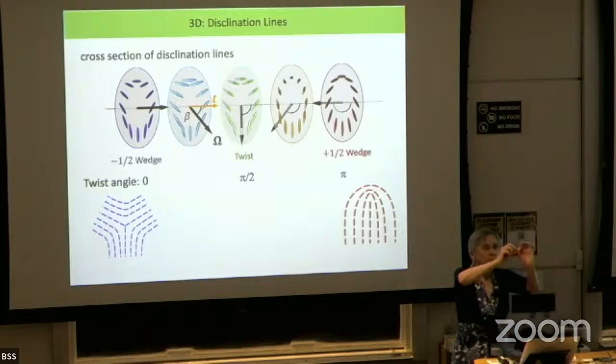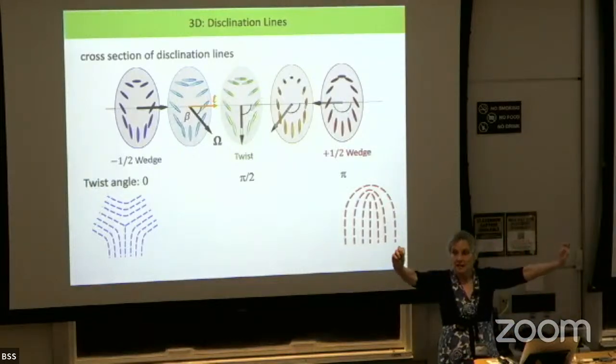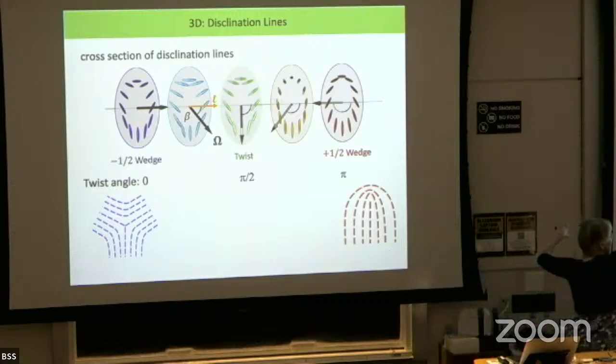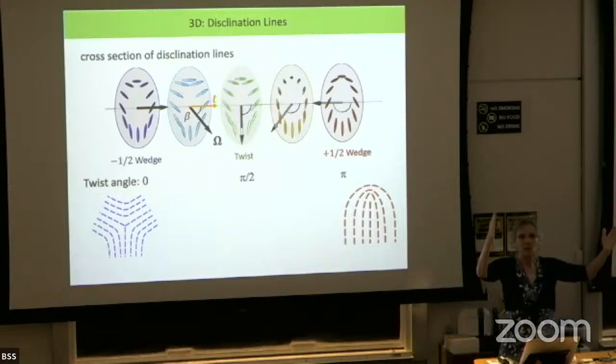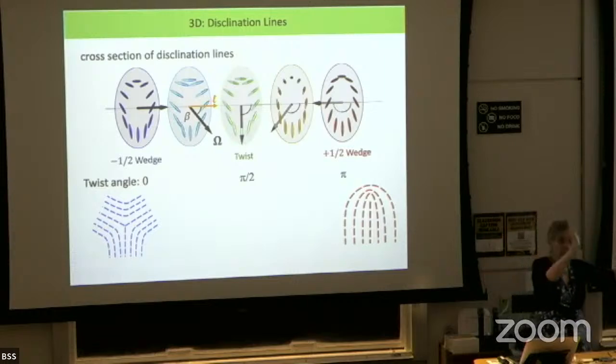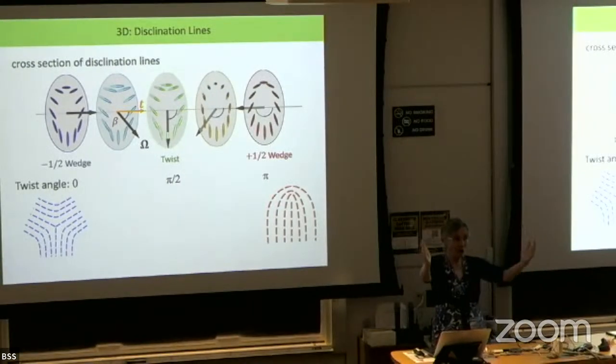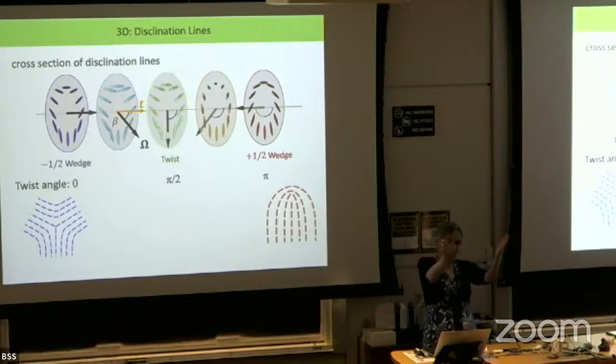So imagine a disclination line, which is meant to be the line across my slide. And then what I want to look at is the nematic director configuration on cross sections of that line. But it's a bit hard to draw those, so what I've done is turn them round a bit so we can see what's going on.